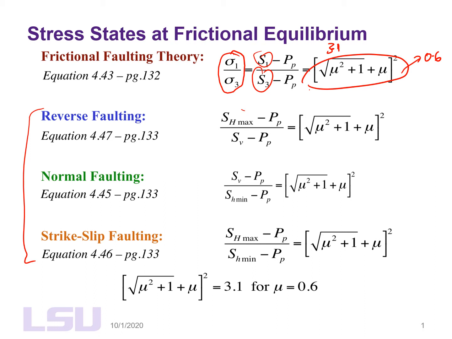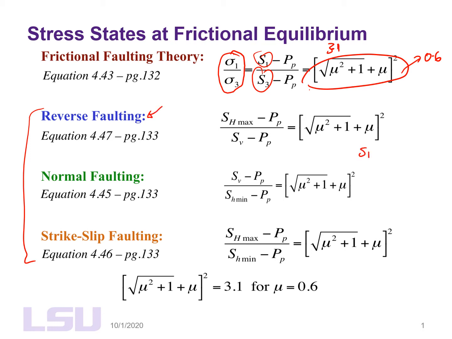So now, how can we use this to bound the maximum stress states in the different faulting regimes? It's pretty straightforward, and I'm going to show that from first principles. Let's try doing it here for the reverse faulting regime.